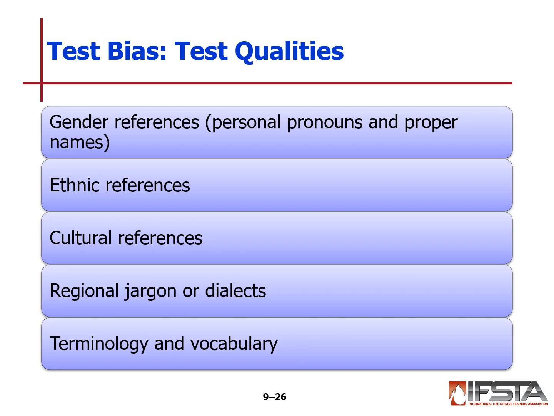Ethnic references are stereotypical and or irrelevant to the test. Cultural references do not reflect the cultural knowledge of the likely testing group or are irrelevant to the test. Regional jargon or dialects used in the questions could put students from a different region at a disadvantage. Terminology and vocabulary in the test are unfamiliar to the students taking the test.